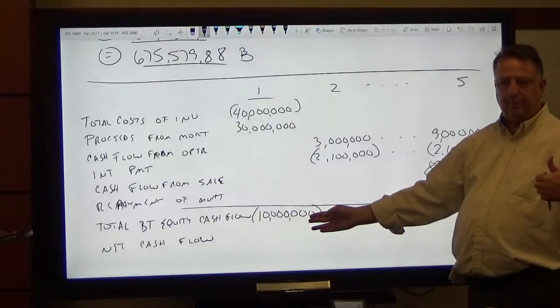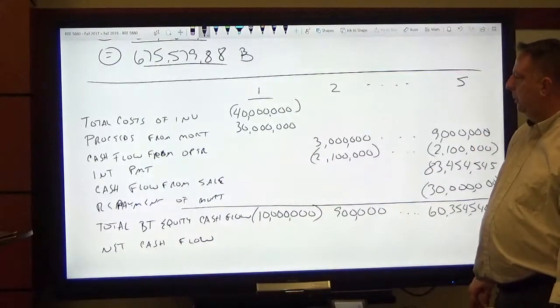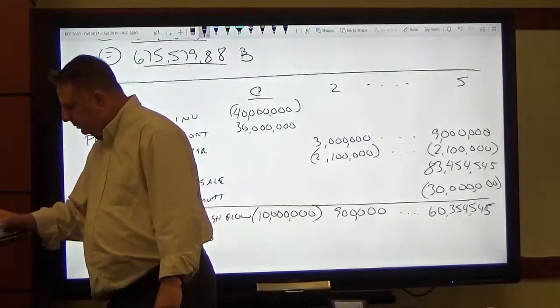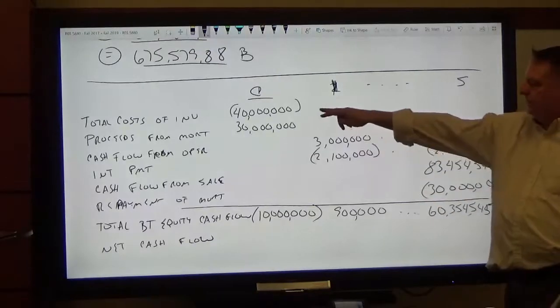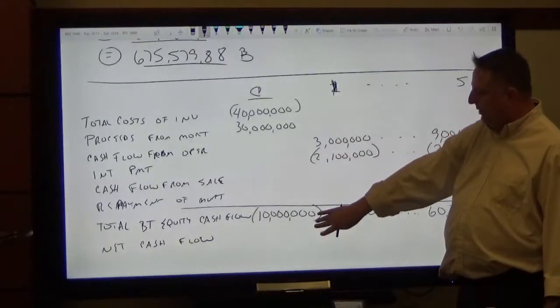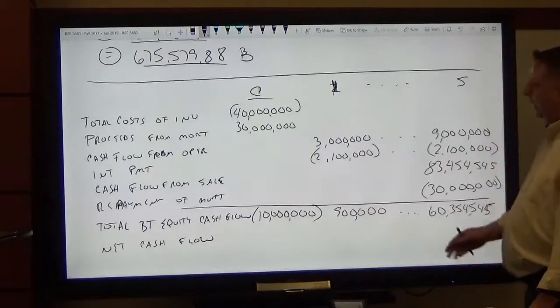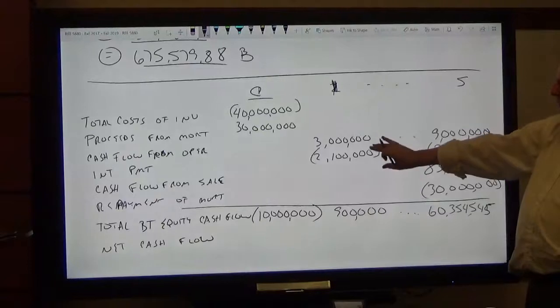Yes or no? Yeah. Oh, sorry, yes, you're right. 0, 1. Sorry. Okay, so at time period 0, we end up having to be out of pocket $10 million. Yes? Okay, then in year 1, obviously, we skip down.